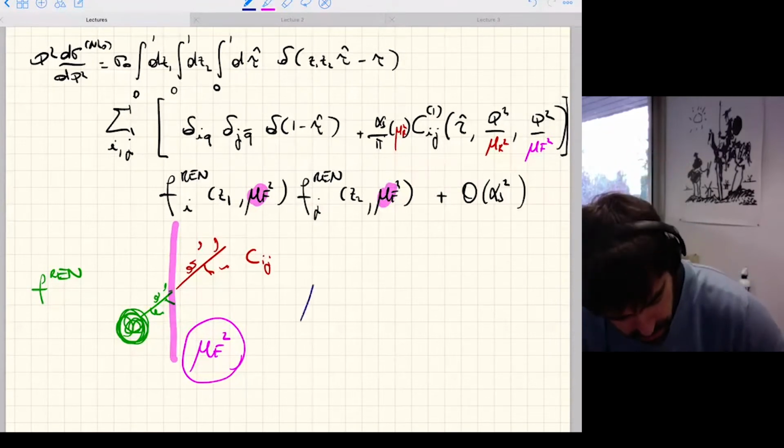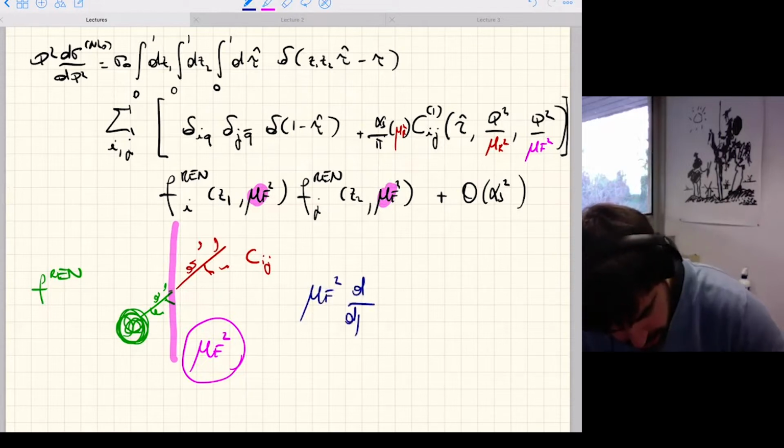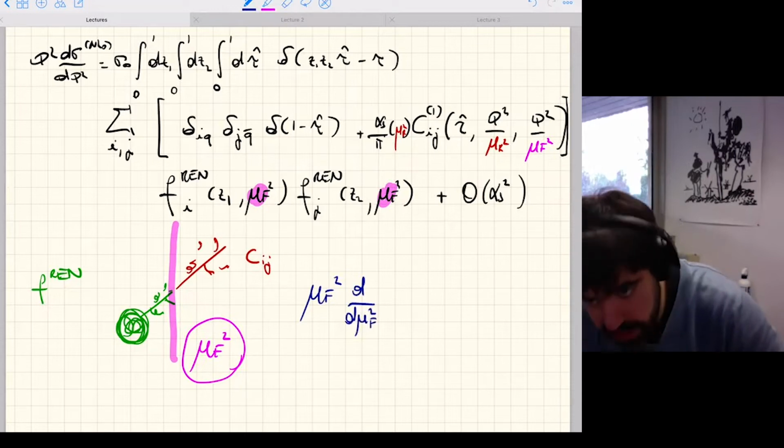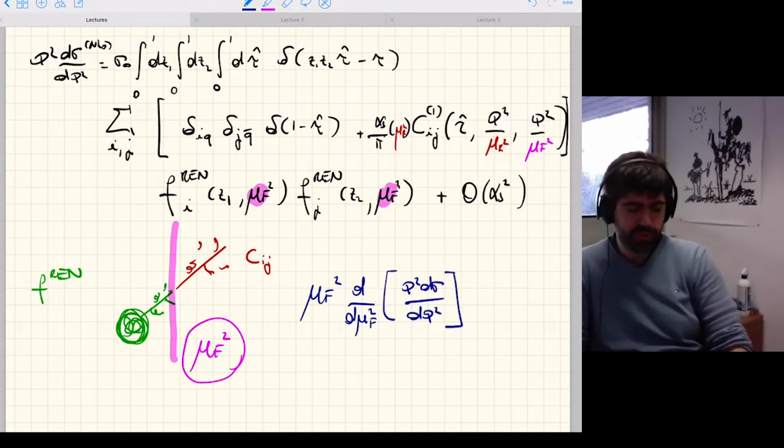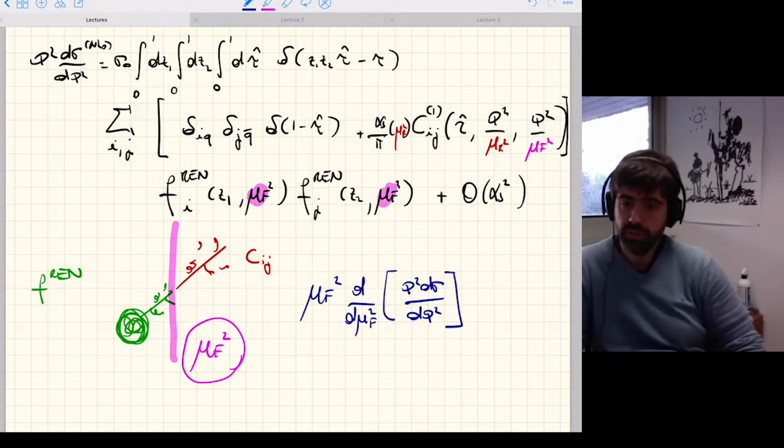And so we translate this into this type of equation. If we take the log derivative, for convenience, of our physical observable, our physical observable is this one. The physical observable must not depend on the choice of μf.